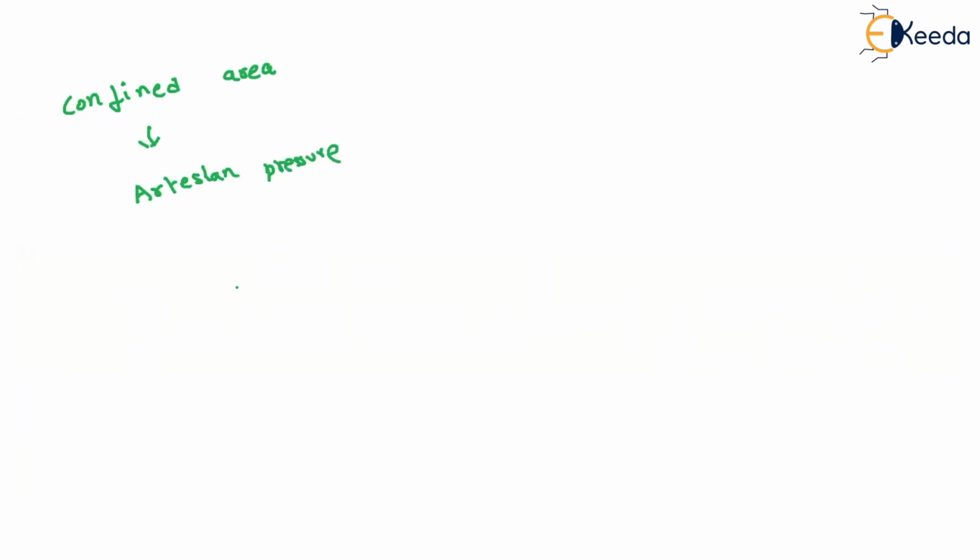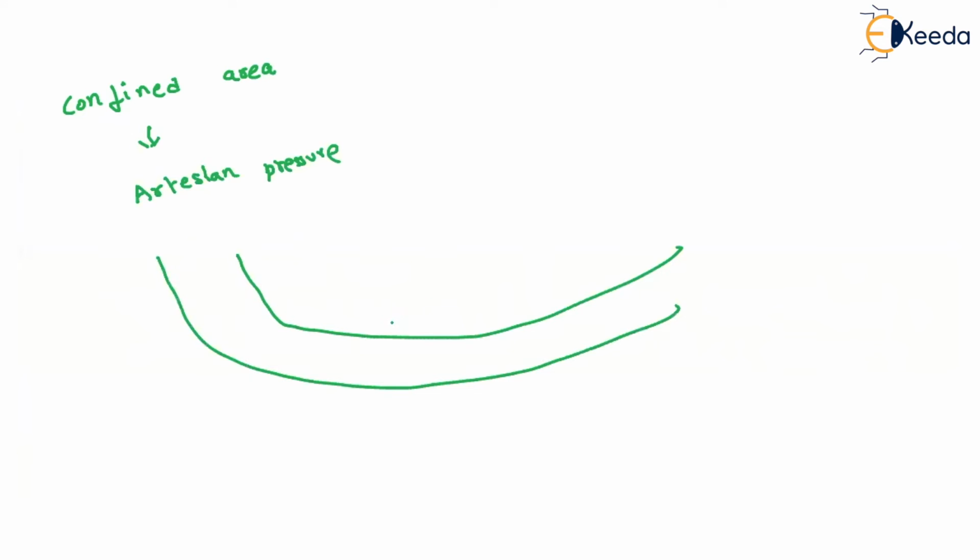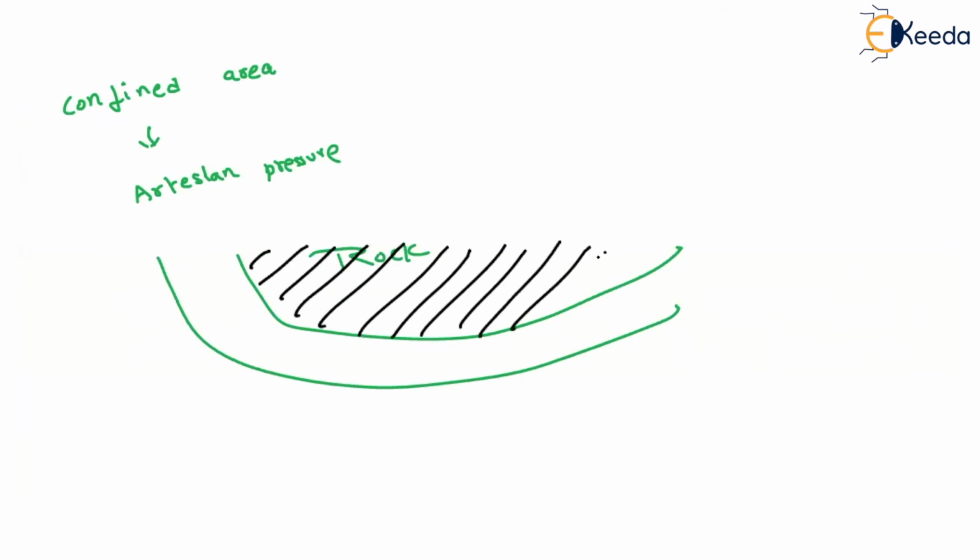That means imagine that there is some soil layer here. Above this, there is a rock. This is completely filled with the rock. As it is completely filled with the rock, what do you think? The water will rise above this point? No, as it is rock, that is the impermeable layer. But what is happening is, due to some condition, water will fill in this soil layer.